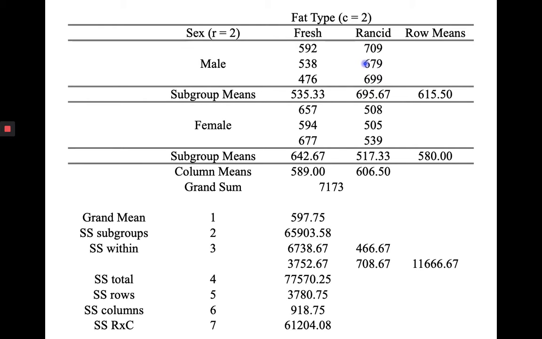So the response, which is growth rate, varies not just by fat type, but by a combination of both fat type and sex. So it's the interaction term that becomes the significant term in the overall two-way ANOVA.